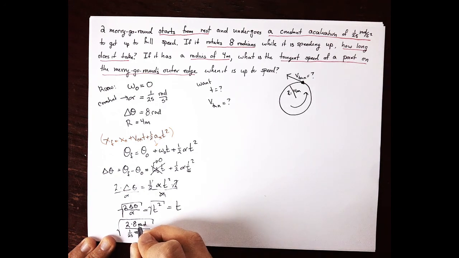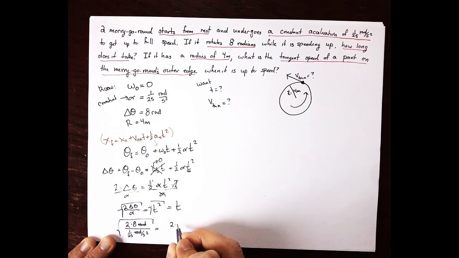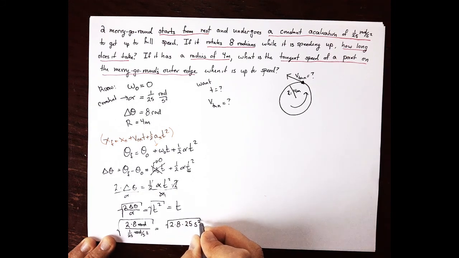The radians will cancel because we're multiplying and dividing by those. And we'll have 2 times 8, and then dividing by 1 over 25 is the same as multiplying by 25. Same thing with dividing by radians per second squared. That's the same as multiplying by seconds squared.